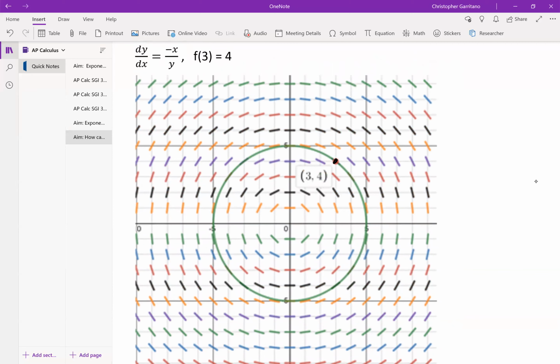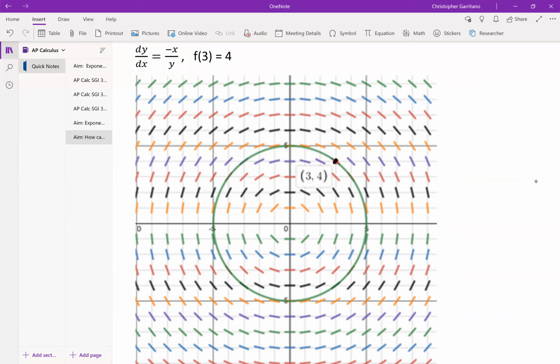It's not very obvious exactly how closely you have to follow the curves. The point is that we will get something that is kind of close to the model. And obviously, the more slopes you draw, the better idea of what the particular solution looks like you'll have.